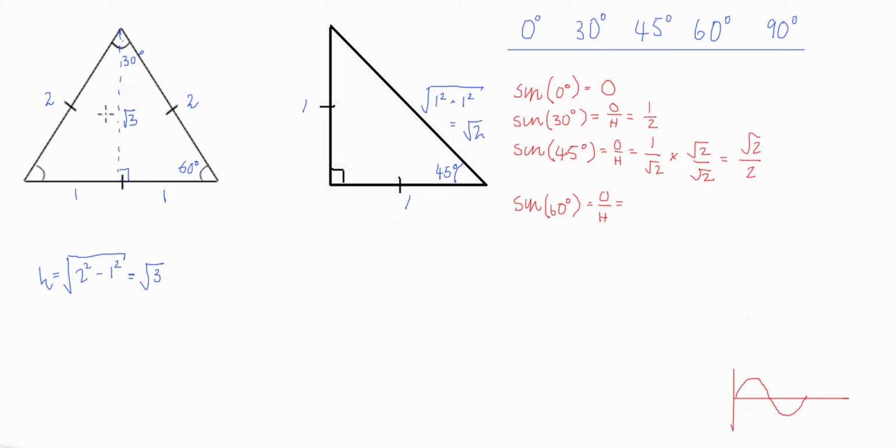The opposite side to the 60 degrees is square root 3. The hypotenuse is 2. So opposite over hypotenuse is the square root of 3 divided by 2. Great. And that's already in rational form, which is nice. And finally we go to the sine of 90 degrees.